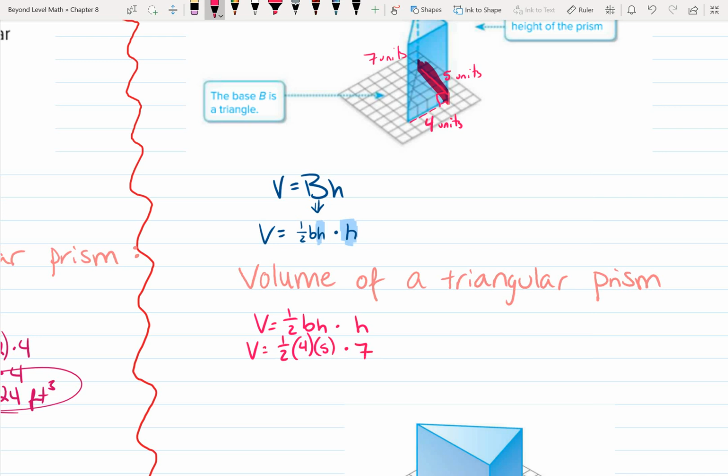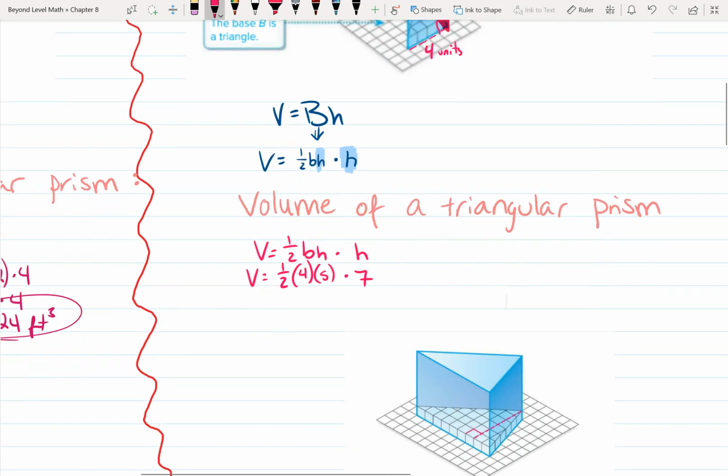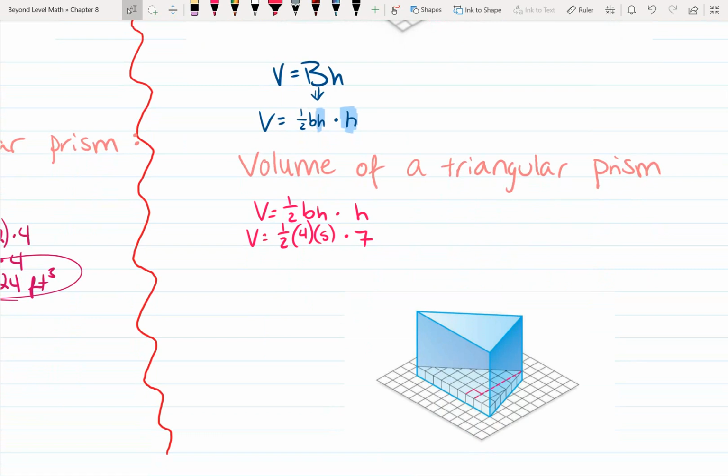So that is 7. Keep in mind the height of the triangle is not the same as the height of the prism. And then, so 1/2 times 4 is 2, times 5 is 10, times 7. So V equals 70, we'll just say units cubed.